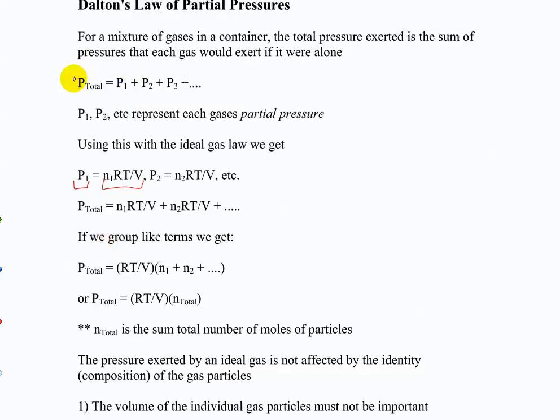Therefore, we can rewrite Dalton's equation using the ideal gas law expression for each pressure. So instead of saying P1 plus P2 plus P3, we can say n1RT over V plus n2RT over V plus n3RT over V. And because they're all occupying the same container at the same time, temperature and volume are constant. So that's why you don't see 1s and 2s subscript on temperature and volume.